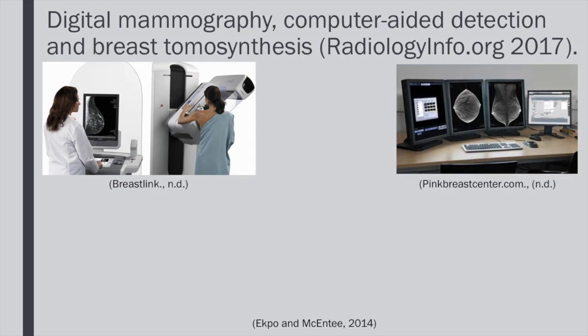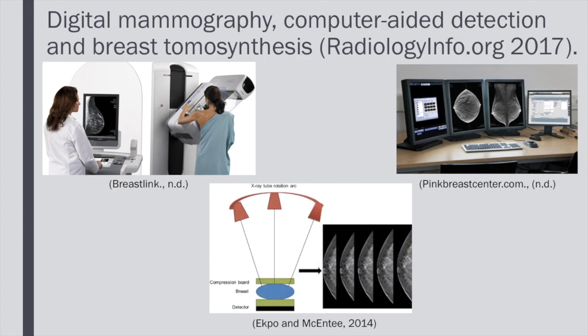Computer-aided detection systems search digitalized mammographic images for abnormal areas of density, mass, or calcification that may indicate the presence of cancer. Breast tomosynthesis is an advanced form of breast imaging where multiple images of the breast from different angles are captured and synthesized into a three-dimensional imaging set.